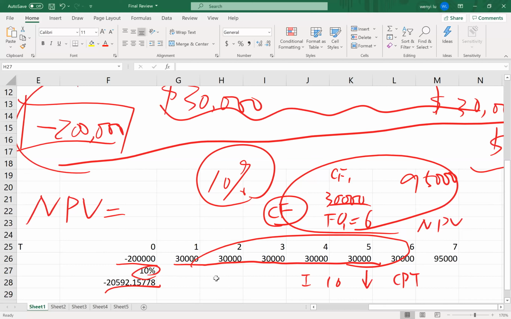It's not easy to do this manually, so make everything ready before the test. You can use the multiple cash flow key for these questions.